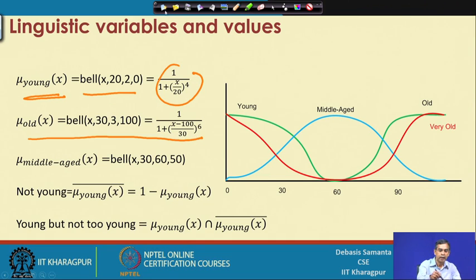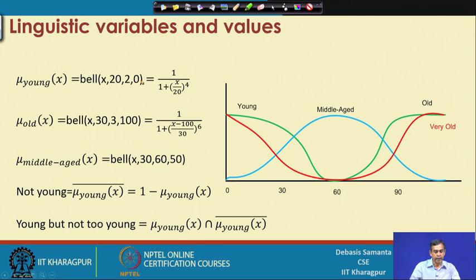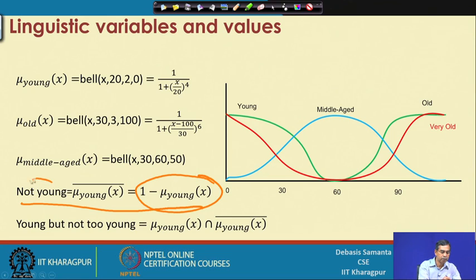Given these two, we can define not young. Not young can be defined as 1 minus mu young x. This is another fuzzy set, which can be derived from the fuzzy set young.